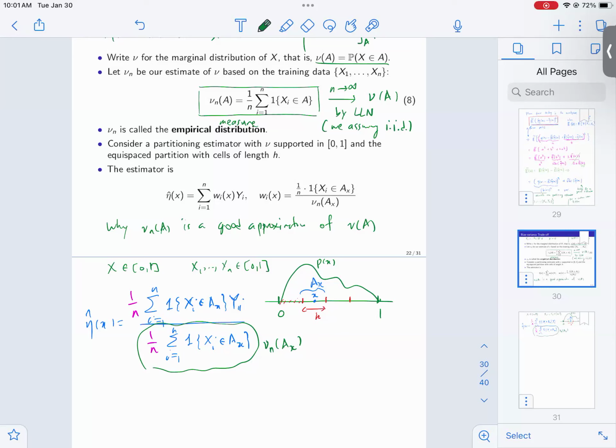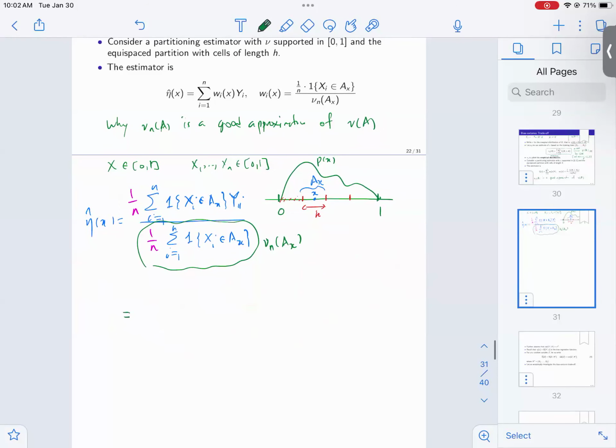Basically, it counts the fraction, the proportion, of the training data points that lie within the A of x cell. If I move that inside the summation in the numerator, what I get is the indicator of xi in A of x, divided by nu_n of A of x. And I also put 1 over n inside, so I get 1 over n times this, and then yi.